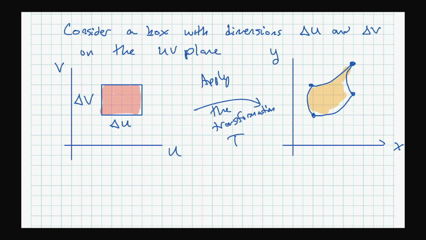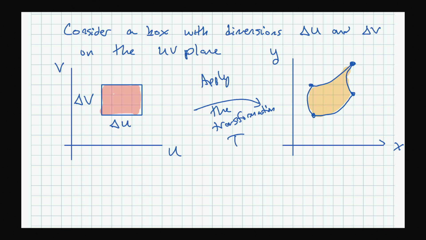We know that this kind of thing can happen, and that's what's going on here. So what we have to do is figure out what the area is over here in the XY plane. That's what we got to figure out.